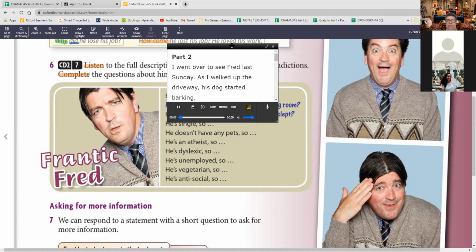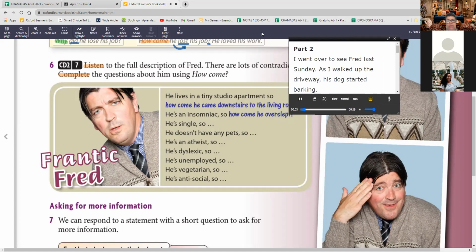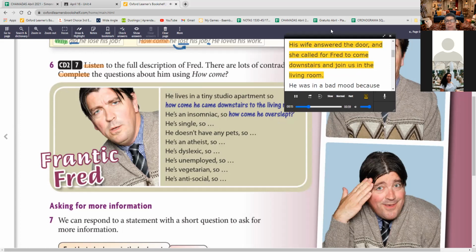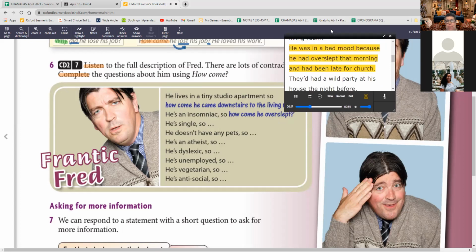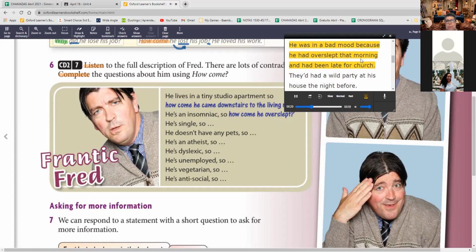Track 7. Part 2. I went over to see Fred last Sunday. As I walked up the driveway, his dog started barking. His wife answered the door, and she called for Fred to come downstairs and join us in the living room. He was in a bad mood because he had overslept that morning and had been late for church. They'd had a wild party at his house the night before.